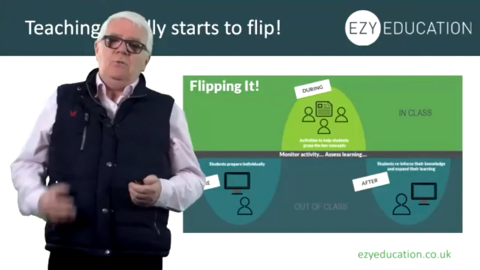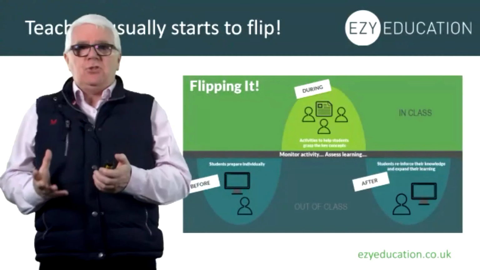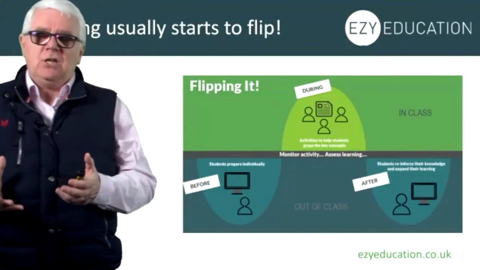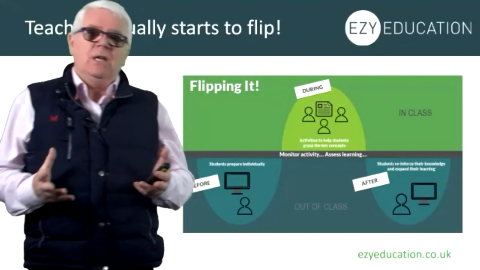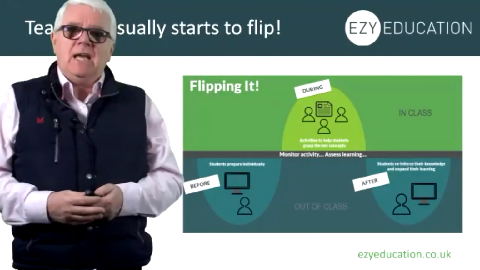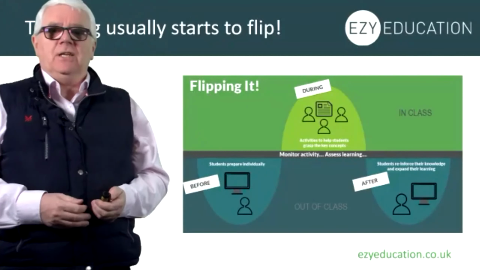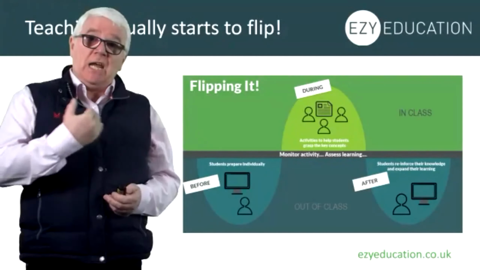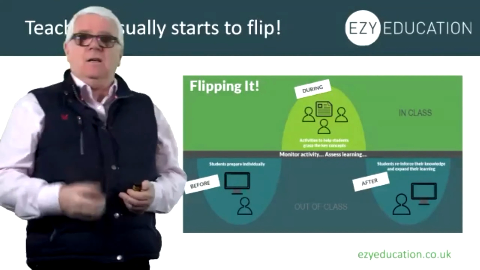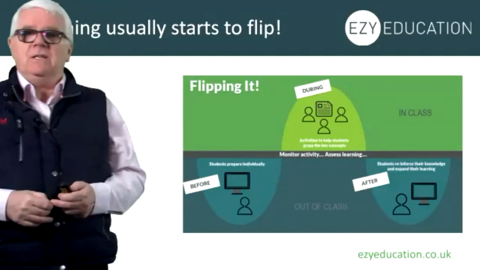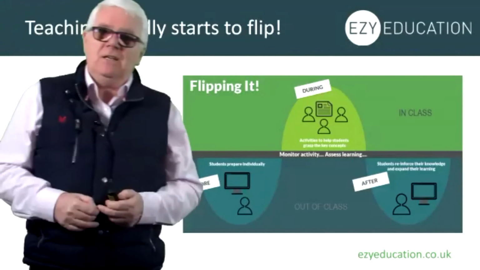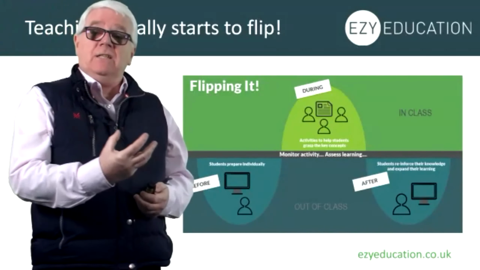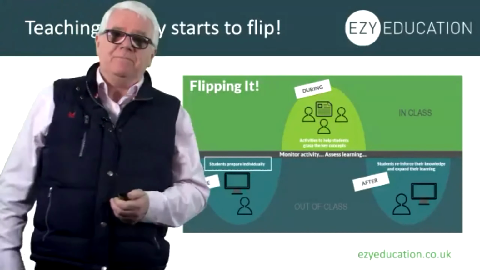And I think what you will find, and this is what I was talking about early on, is that once you start to see the data coming through, it will change how you look at things. Rather than using material to check learning after you've done a class, basic learning will already have been done before class, and you're going to use that data when you get into the lesson.